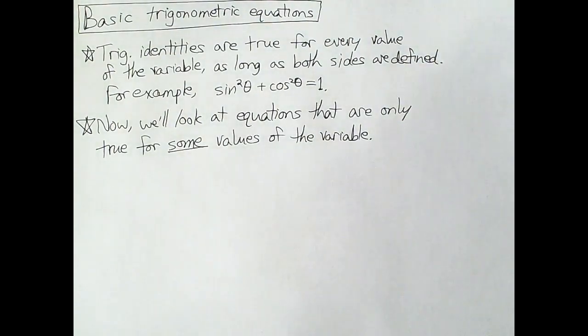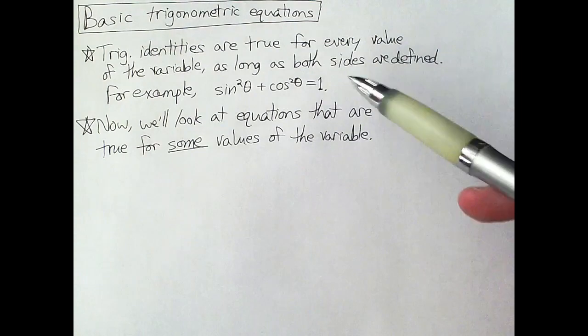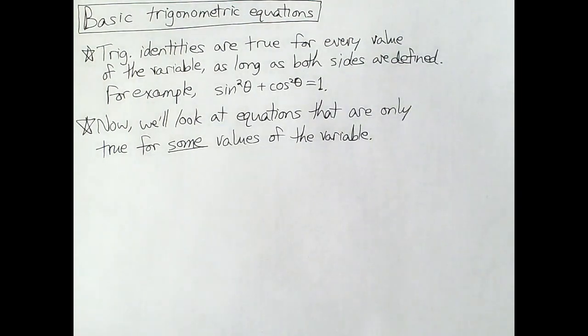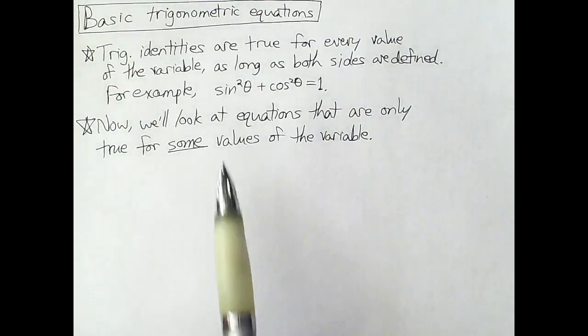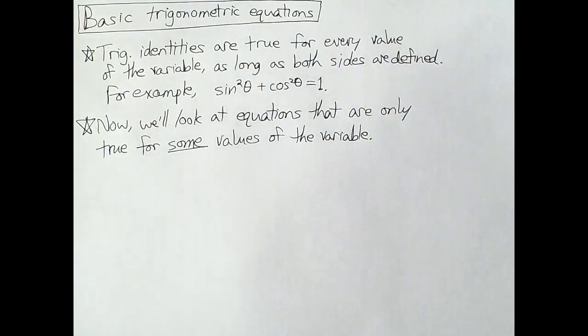It's no longer going to be considered a trig identity. It's just going to be an equation, because an identity has to be true for every value of the variable. But if it's only true for some values, we could still call it an equation. And above, I used the variable theta because theta is usually what the variable is going to be called in this lesson.